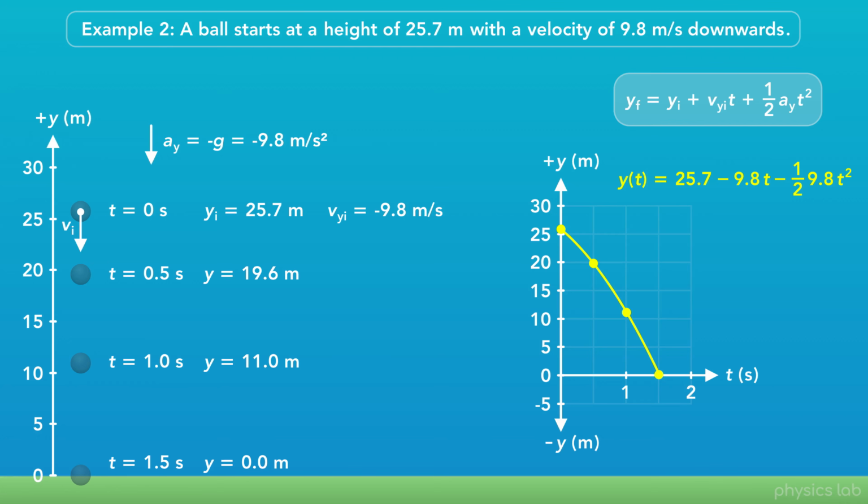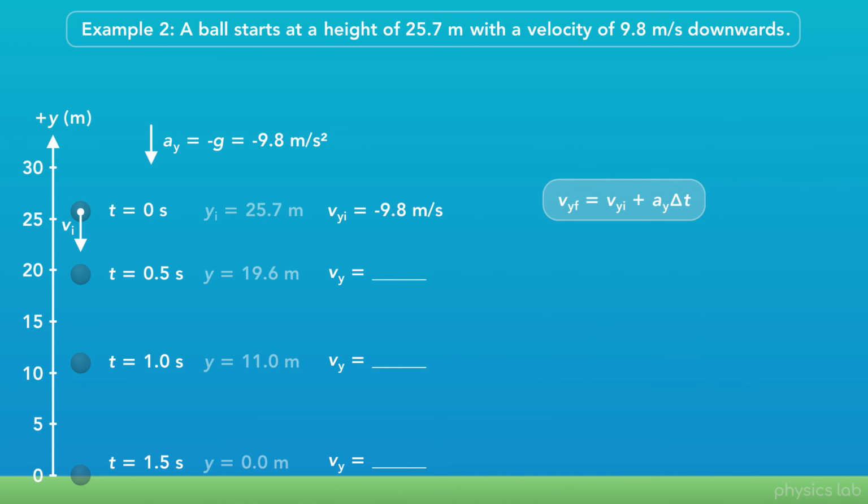Here's what the position versus time graph looks like for this motion. The y position starts at 25.7 meters, and it reaches 0 meters at 1.5 seconds when the ball hits the ground. It's harder to see, but this position graph is still a curved line because the ball is accelerating.